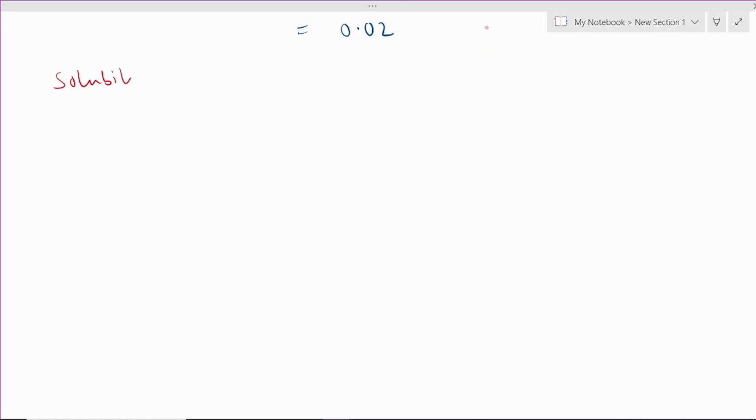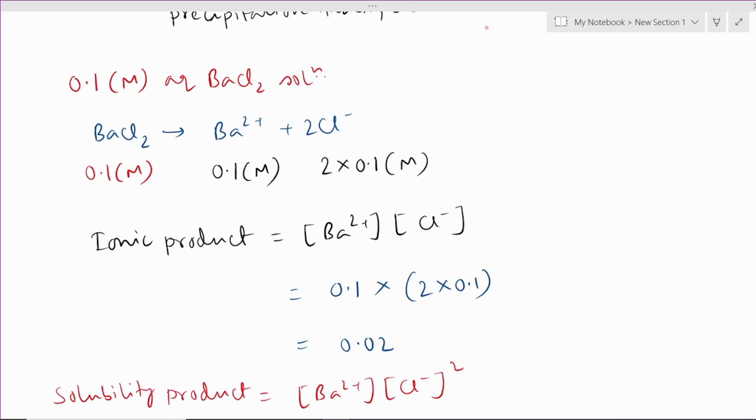Now how do we calculate the solubility product? Solubility product is the concentration of Ba2+ into the concentration of Cl- squared. When we calculate the solubility product, we have to take the coefficient as the power of the ion.